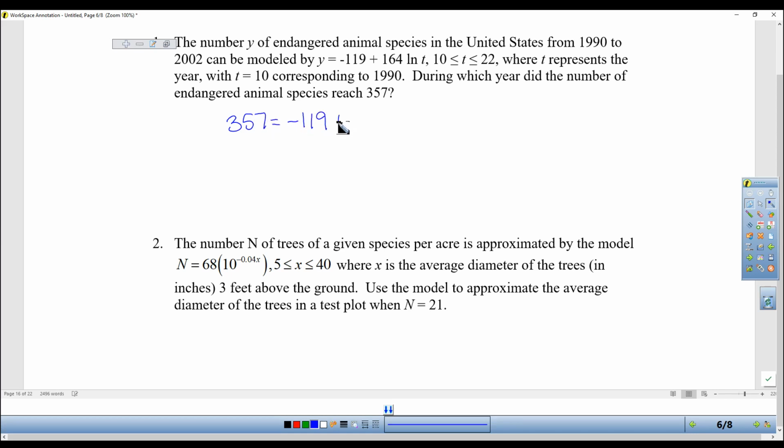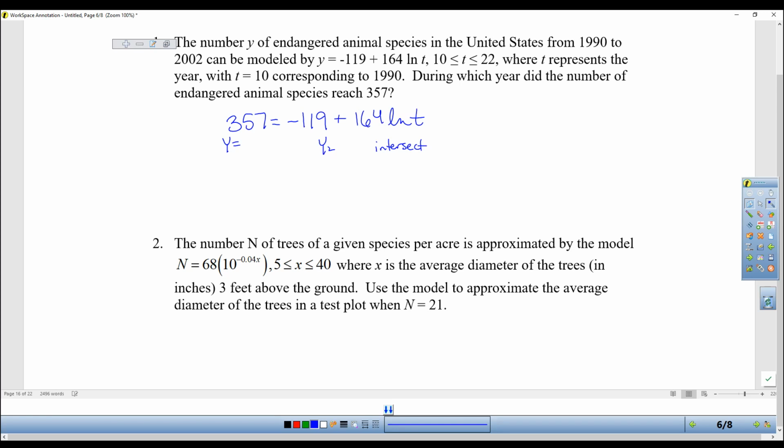So the good news is that this is actually just more of what we've been practicing. If you didn't know how to do this problem before we learned this, what I taught you a couple days ago was that you could make this your y1 and this your y2 and intersect on your graphing calculator. You can still use that method.